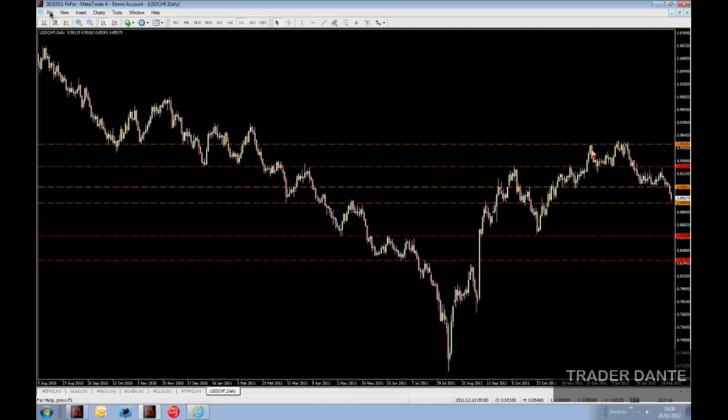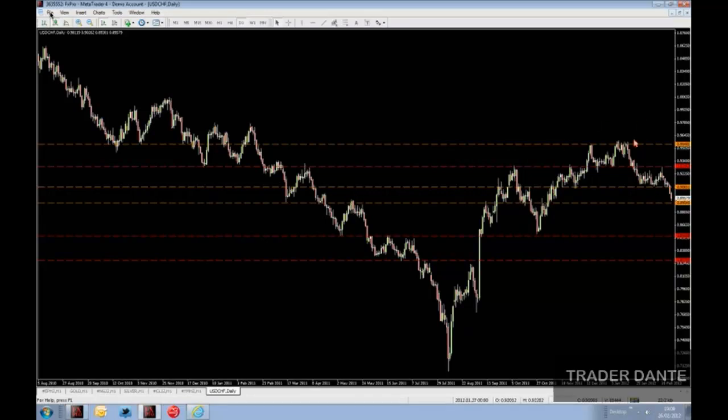So I sent him my templates of my levels every week, and he sent me his account statements after several months had elapsed. What he was basically doing is trading every single orange level that I've got on the charts, just the orange daily levels. He was trading every single one with a 20 pip stop, 20 pip target, and he had a phenomenal strike rate.